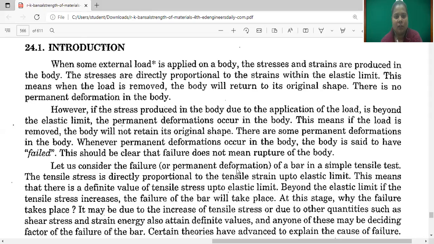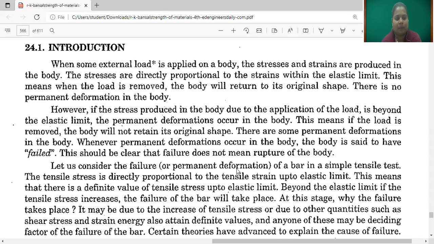When some external load is applied on a body, the stresses and strains are produced in the body.